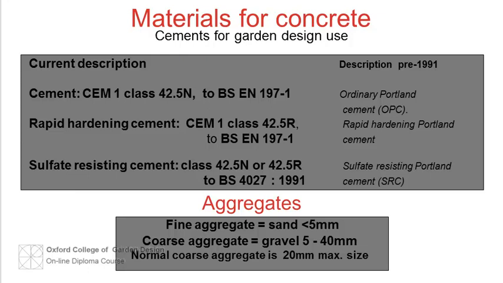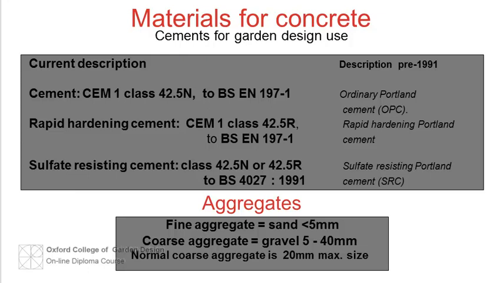Fine and coarse aggregates are the other main constituents of concrete. By definition, fine aggregate is sand with particles less than 5 mm. The sand is sharp sand. The grains are angular, unlike the soft sand used for bricklaying mortar. Coarse aggregate is normally stone with a maximum size of 20 mm.